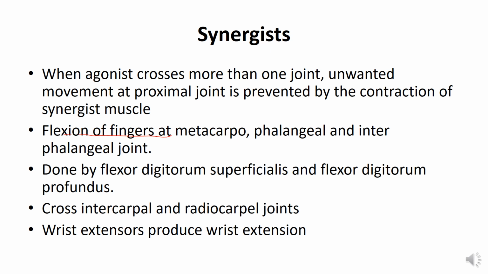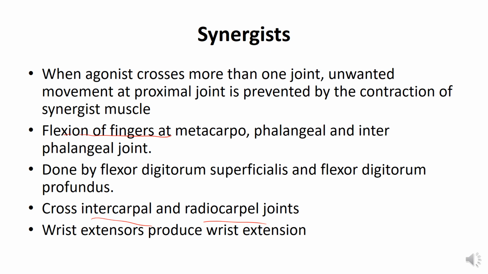Now, these muscles arise in the forearm, from the bones of the forearm, and they cross the intercarpal joints and the radiocarpal joints, and they are inserted into the phalanges.